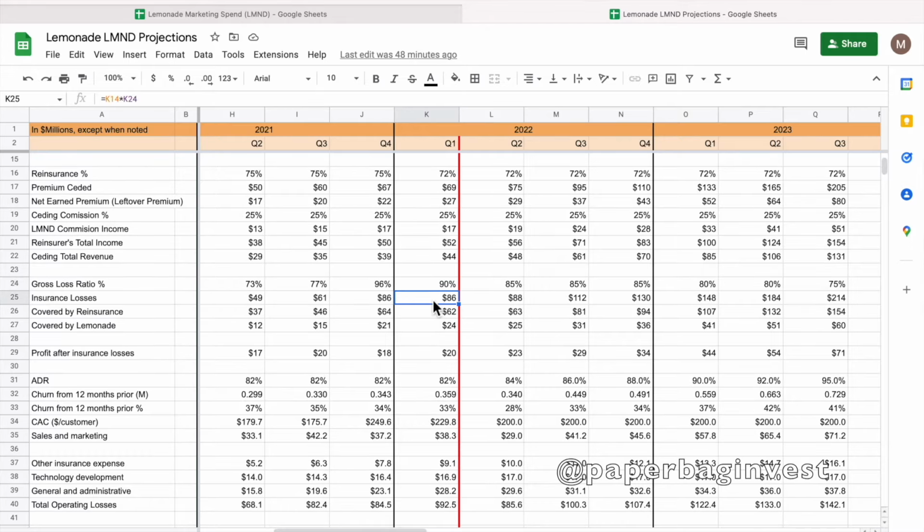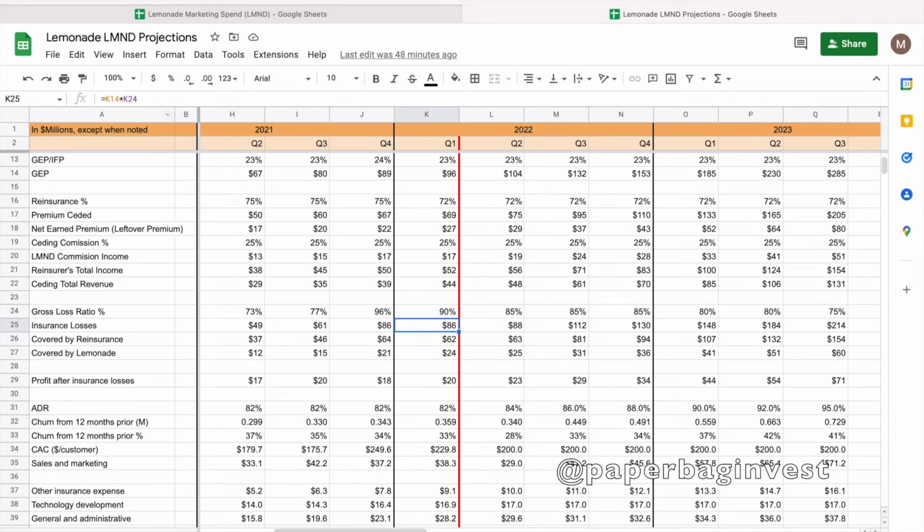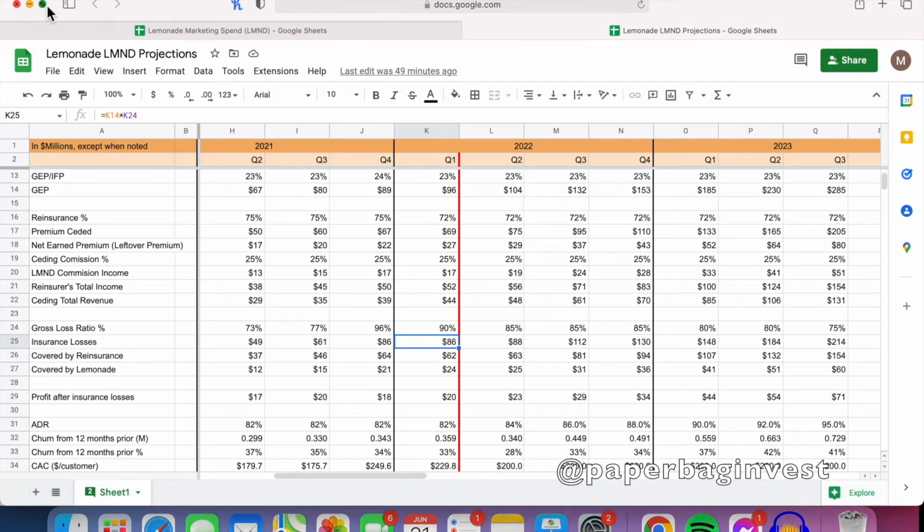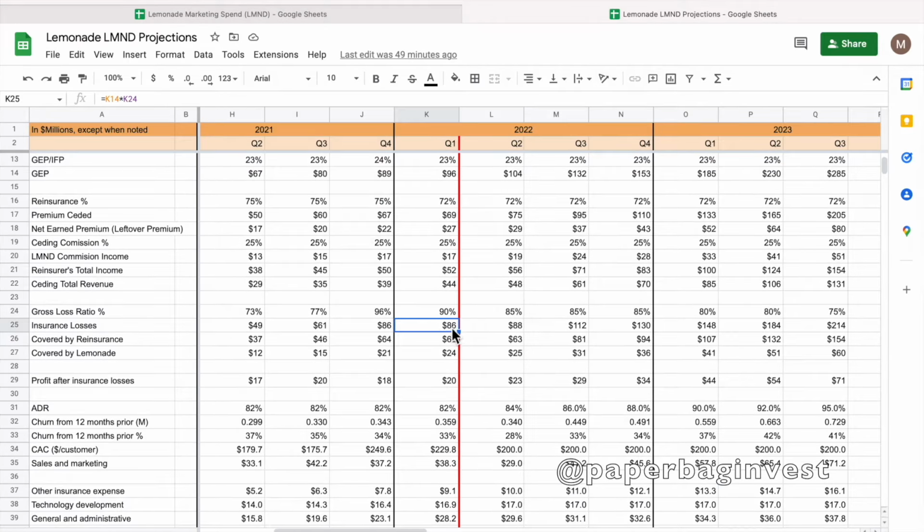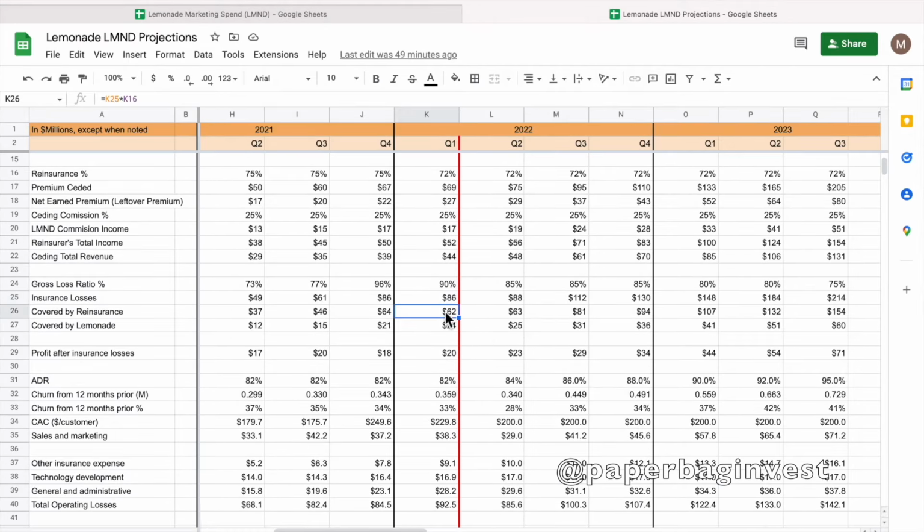And you have your total insurance losses, which is just going to be your full gross earned premium for the quarter times your gross loss ratio for the quarter. And that gets you total insurance losses. And then you have the percentage of those losses that's covered by reinsurance, and then the remainder covered by LMND.